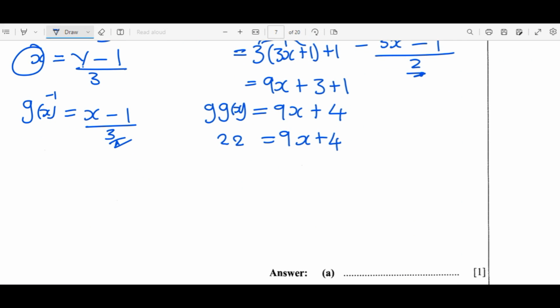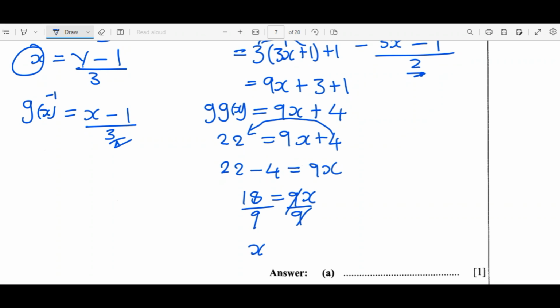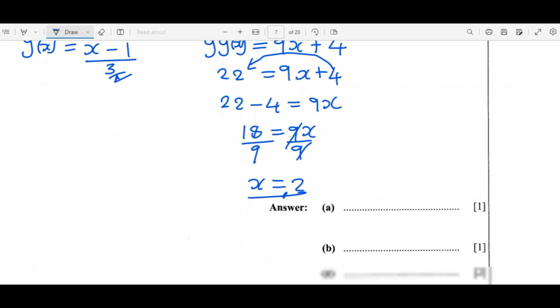The 4 will shift to this side, giving us 22 minus 4 is equal to 9x. Now 22 take away 4 is 18, is equal to 9x. We divide by 9 on both sides. So x is equal to 2. So that's the value of x.